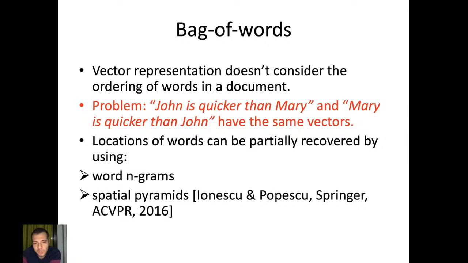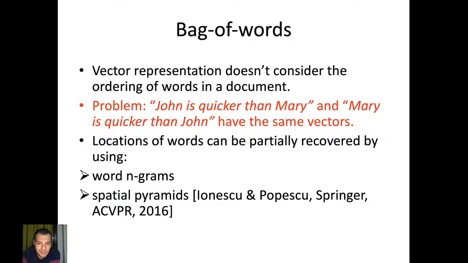And another approach would be to use spatial pyramids. This was studied and proposed in our book published at Springer, and this idea was actually borrowed from images, where people used the bag of visual words, and in order to recover the locations of visual words in images, they proposed spatial pyramids.